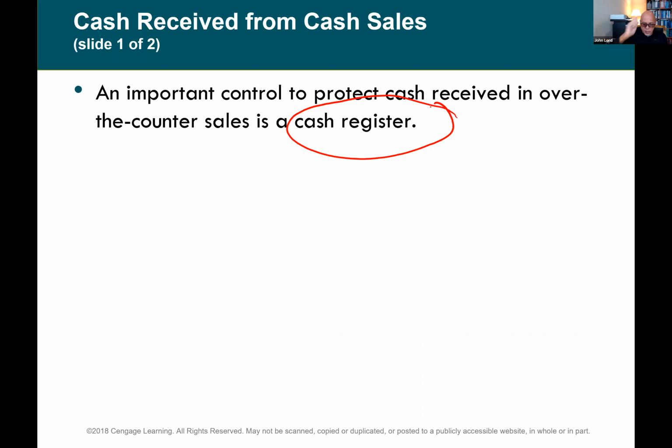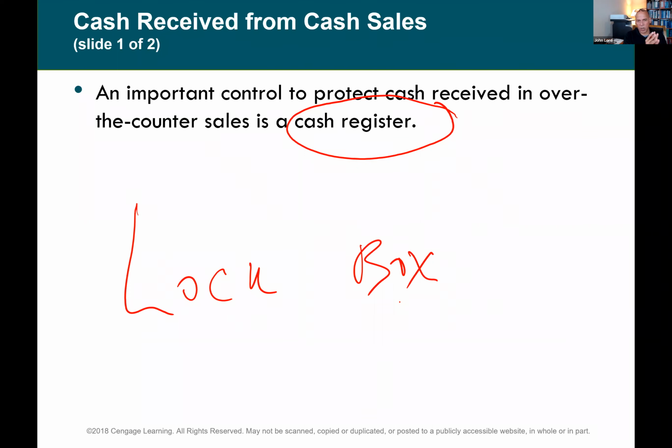The other thing that's not listed here, I'm just going to write it in, is something called a lockbox. A lockbox is an excellent control over our cash. With the lockbox, I think students tend to picture a box with a lock on it. What a lockbox really is, is a function offered by large banks. They say, we'll give you a lockbox service.